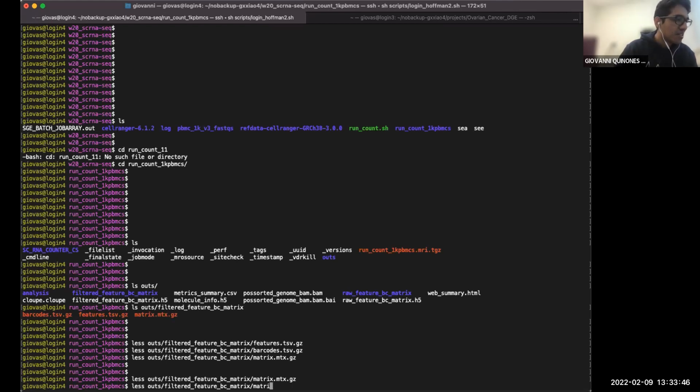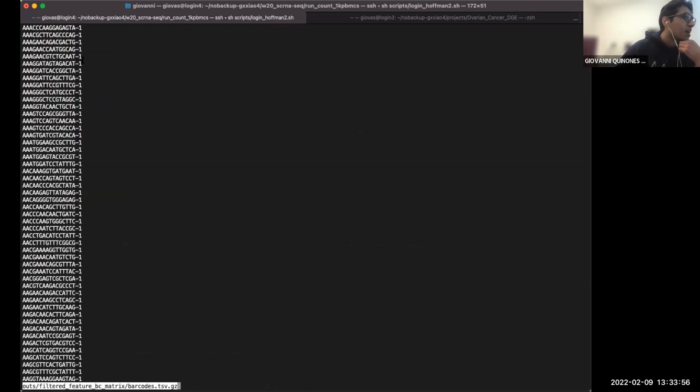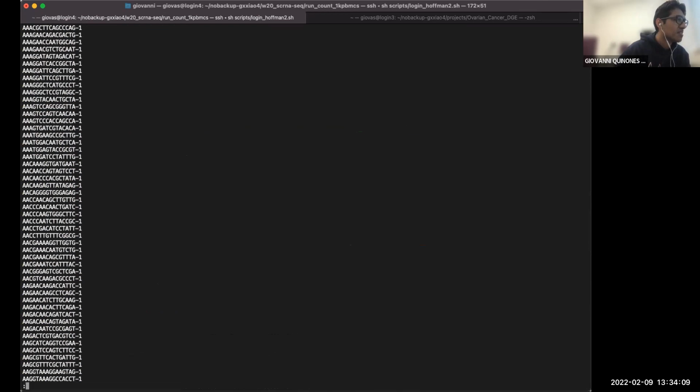Another interesting output that we get from Cell Ranger is a list of all the barcodes. If you remember from yesterday, the barcode is the identifier for every cell that we're going to be working with. So you can think of this as the names for all the cells.